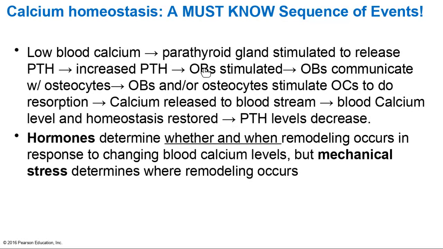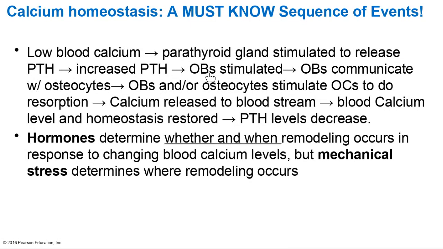Now, osteoblasts are considered to be stimulated though because osteoblasts will communicate with osteocytes about this. So osteocytes are communicators. Osteocytes will then stimulate osteoclasts to do resorption. Now it says here OBs or osteoblasts and or osteocytes will stimulate our osteoclasts.